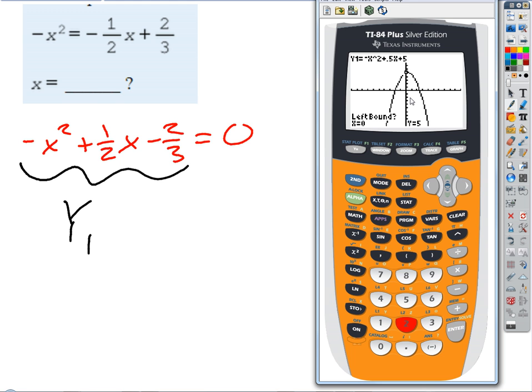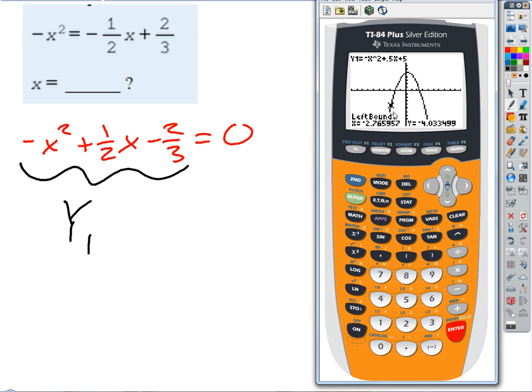I could trace over like this until the little cursor gets to where I can see that it's right there, for example. Do you agree that's to the left? I hit the left arrow until I was past the x-intercept. So I could hit enter, and look what it does. It sets up a little border on the left. It's only going to look to the right of that boundary.